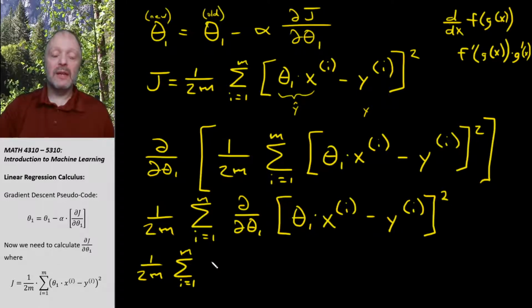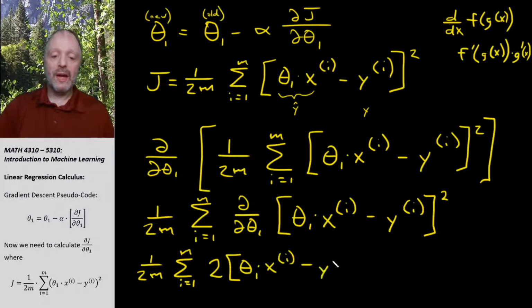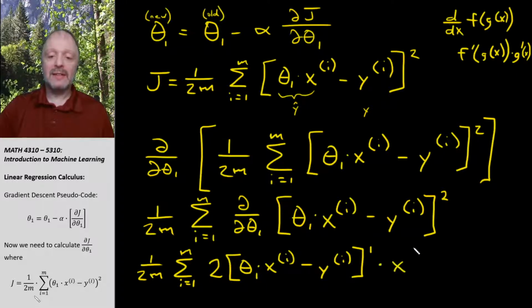So this is going to be 2 times theta 1 times x_i minus y_i to the first power. That takes care of the derivative of the outer, but the interior is untouched. Now I have to multiply it by the derivative of the interior. Well, the derivative of this with respect to theta 1 is just x_i. So times x_i.